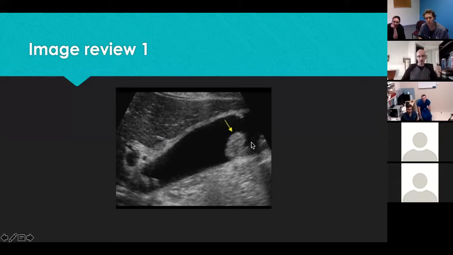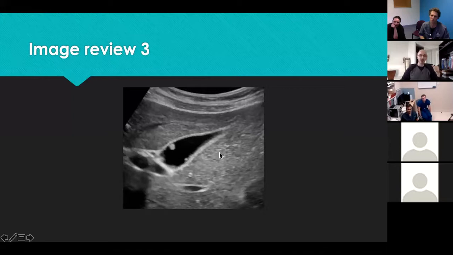If it was me, in this one, my primary diagnosis is sludge ball, and the differential would be the rest of the things that we mentioned. In this one, there are several different possibilities, but my primary suspicion would be a polyp with a differential diagnosis of a stone, and exactly what you mentioned is what we do to differentiate them. Now, that wall thickening that you mentioned, I assume you were thinking about here. Is that right? That's right.